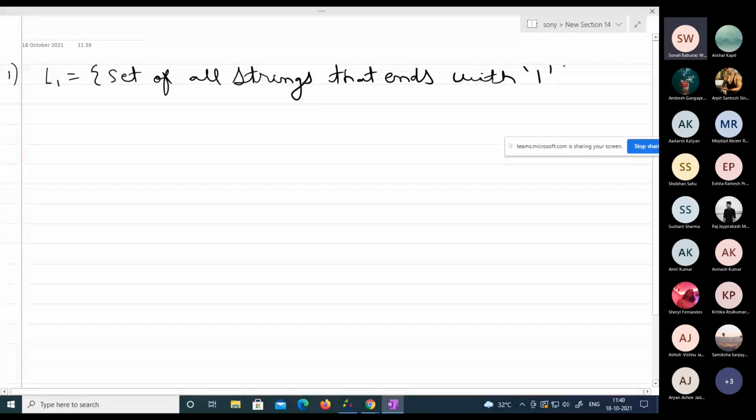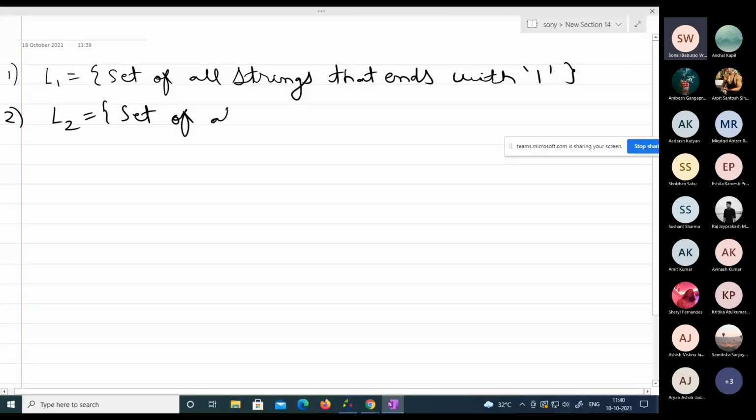This is your first question. Your second question is L2. The questions can be anything; they can be framed with proper justification and clarity. Sometimes they are given in this way, and you have to construct a proper finite state machine, whether it is a DFA or an NFA.